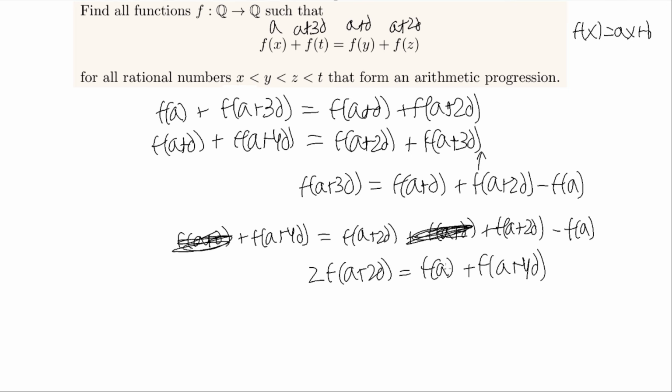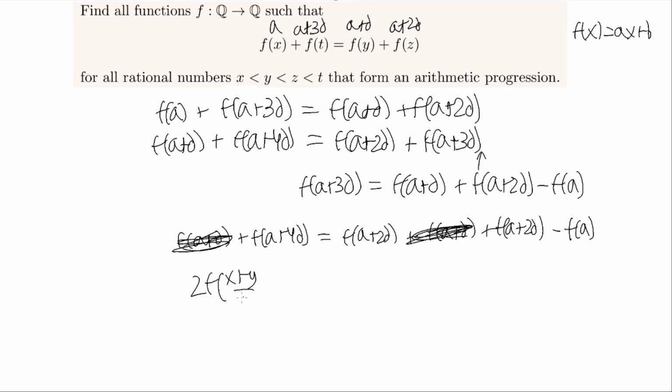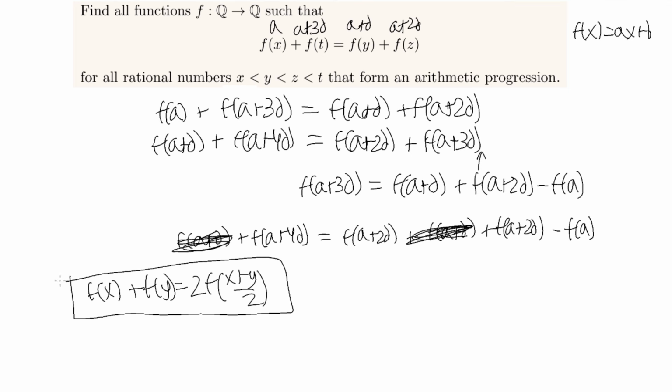Because a and a plus 4d are pretty arbitrary, this is really saying that we have the midpoint: 2f of (x plus y)/2 is equal to f of x plus f of y. So we have this much simpler condition we can work with now.